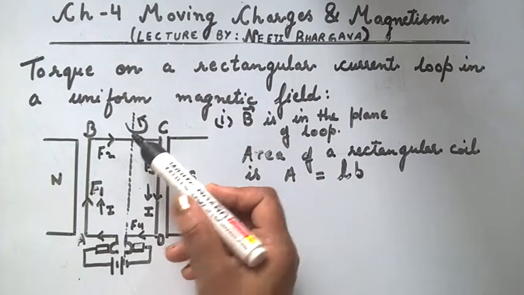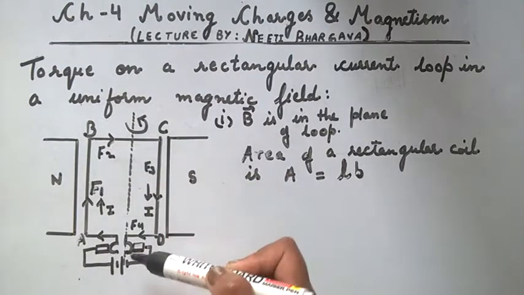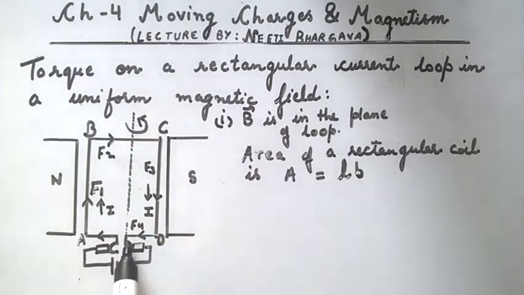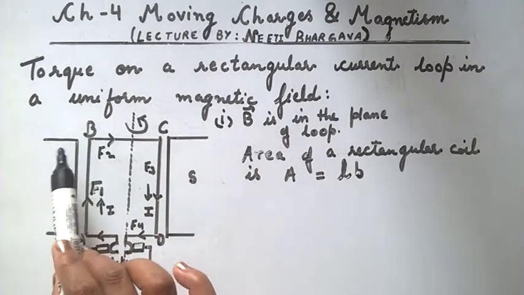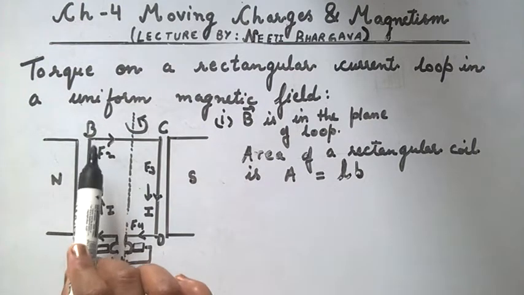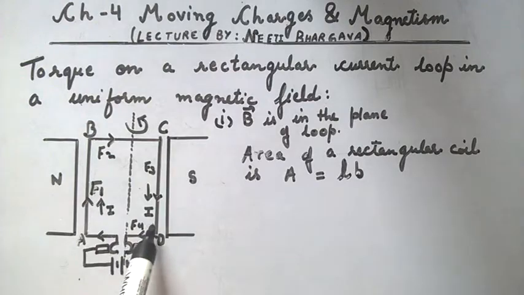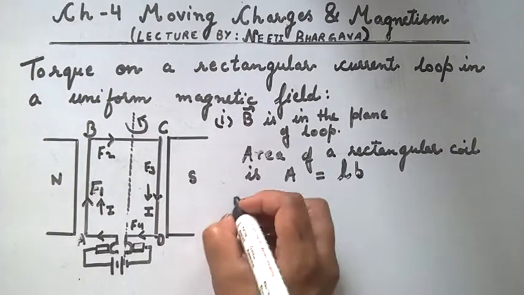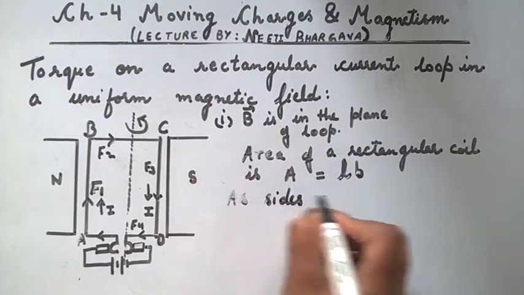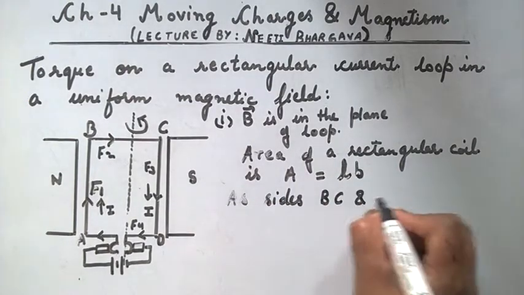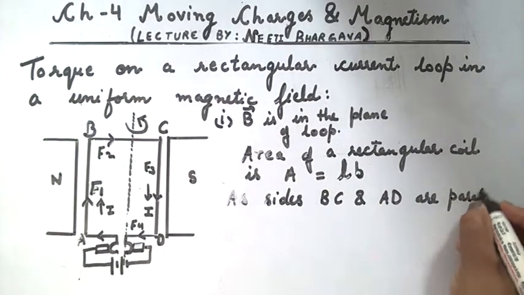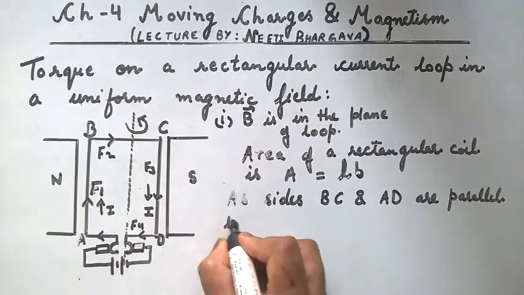Now, let's study forces F2 and F4. Here, as F2 and F4 are parallel to the magnetic field, the magnetic field will not exert any force on these sides, as sides BC and AD are parallel to the magnetic field.